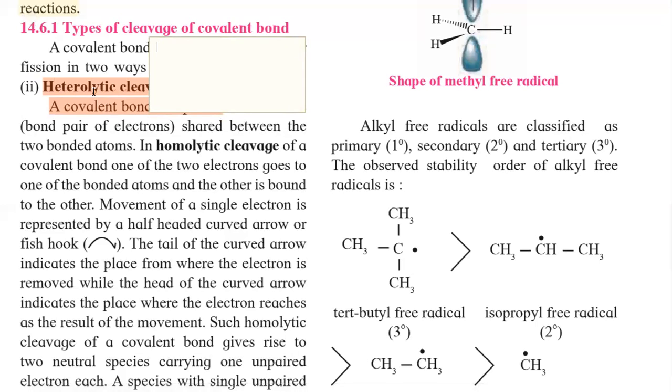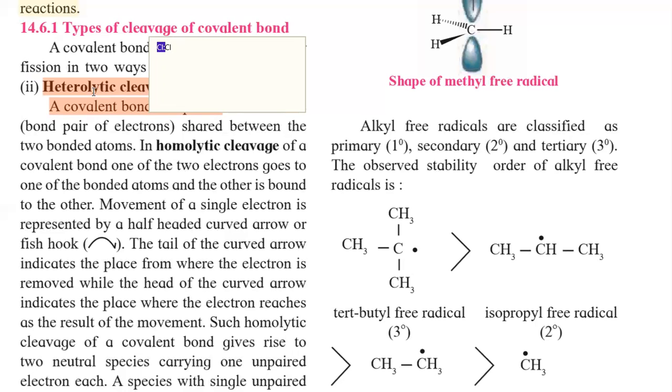Similarly, breaking of bond takes place with chlorine. I will show here. This is the Cl atom. Then these are the two electrons present between the two chlorine atoms. Here the movement of these electrons can be shown with the help of curved fish hook arrows towards one chlorine and towards the other chlorine.